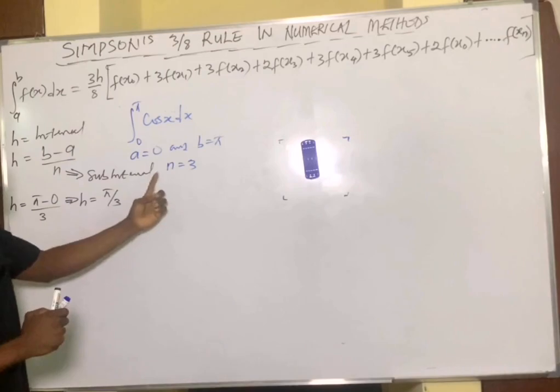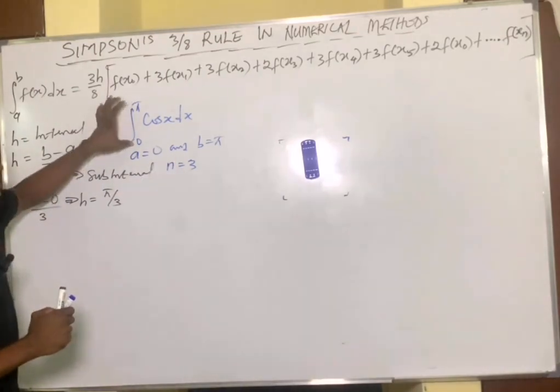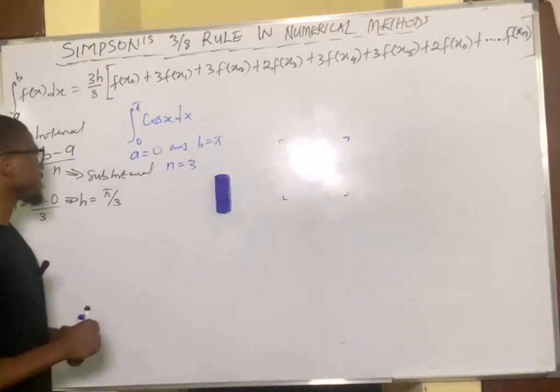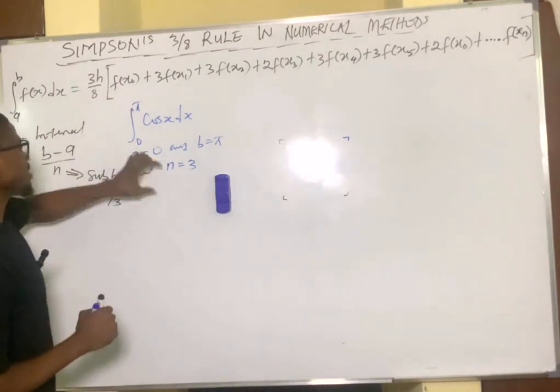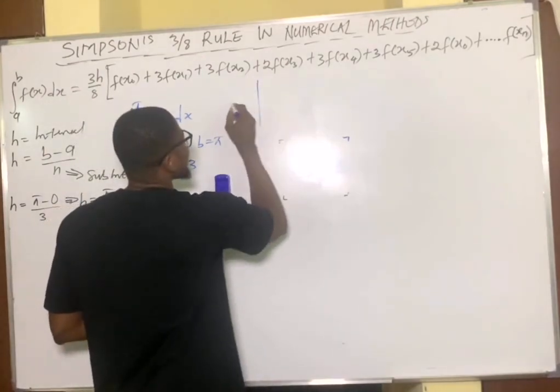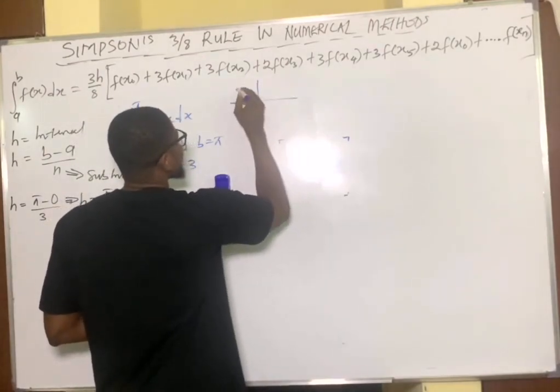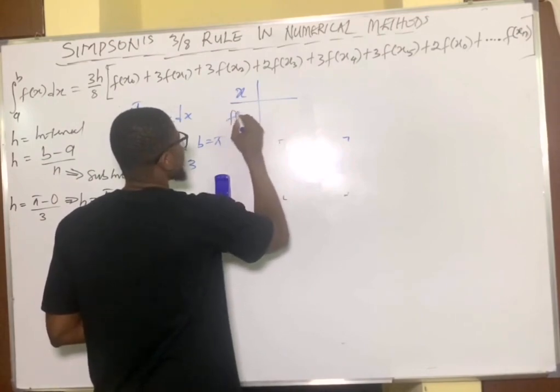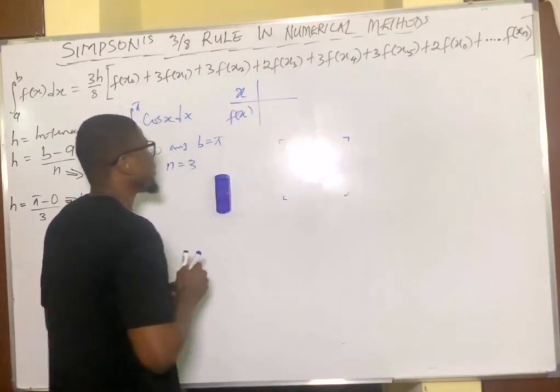So you split them into 3 between these limits. Let's create a table to split this limit into 3 subintervals. So we have x, and this is the value of the function at x. So the first is what?